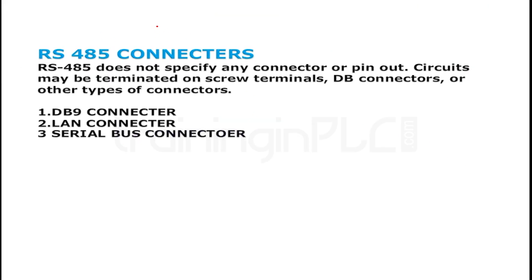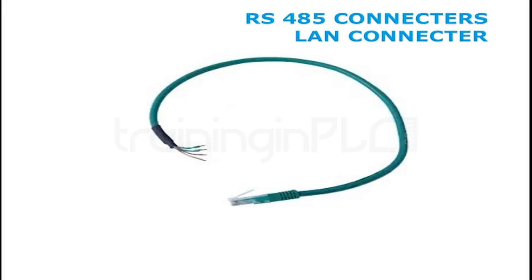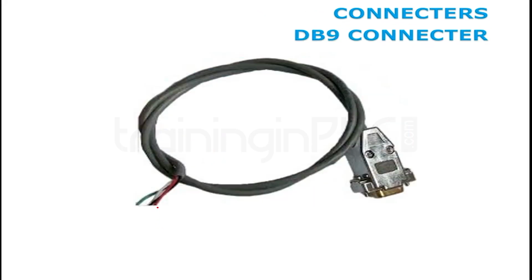If we see the RS-485 connectors, you will get 3 different types of connectors: DP9 connector, LAN connector and serial bus connector. Depending on the application and the terminals, we will go with the connectors. You can see, this is an RS-485 to LAN connector, and this one is an RS-485 to DP9 connector.